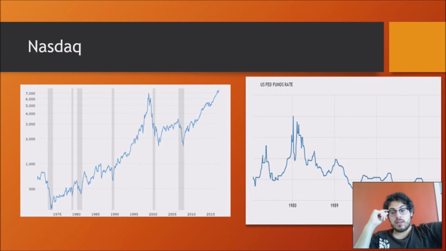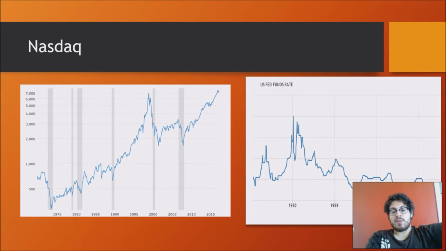Then the tech bubble popped, so the Nasdaq went down, and interest rates went up. And then interest rates were low again, Nasdaq went up. Then 2007 came around, there was a recession, interest rates went up immediately, Nasdaq dropped 50% in that year.